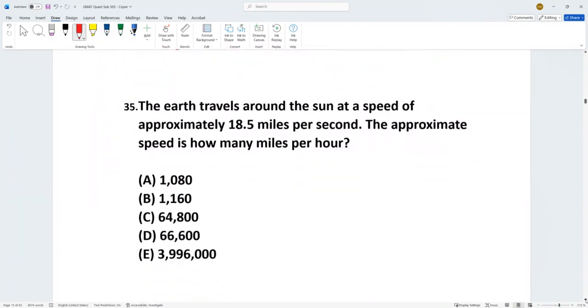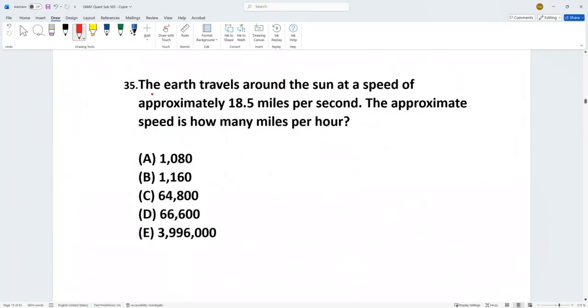Question 35 says, the Earth travels around the Sun at a speed of approximately 18.5 miles per second. So 18.5 miles per second can be written like this, 18.5 over 1 second, where s is equal to second. Now if we want to convert this into miles per hour, we need to find the equivalent of 1 second in hours.